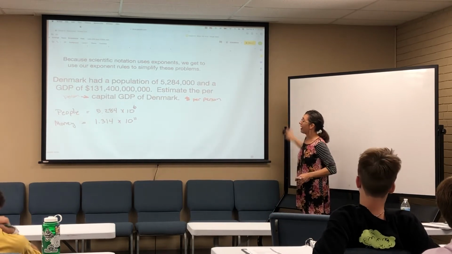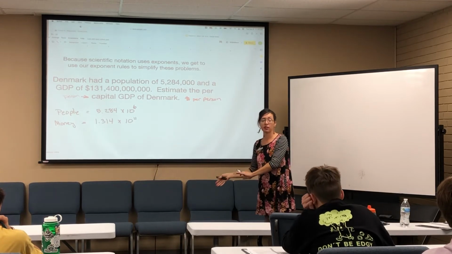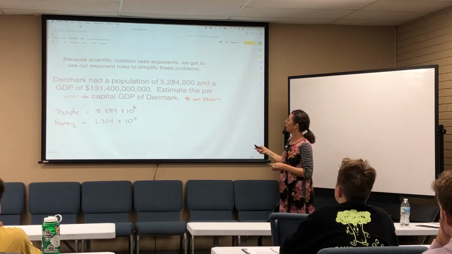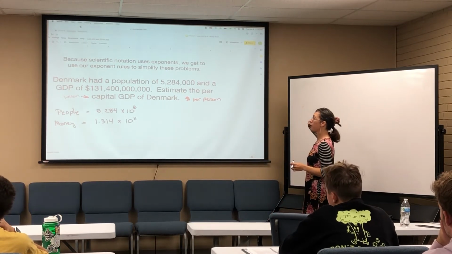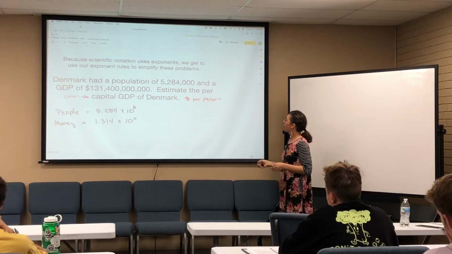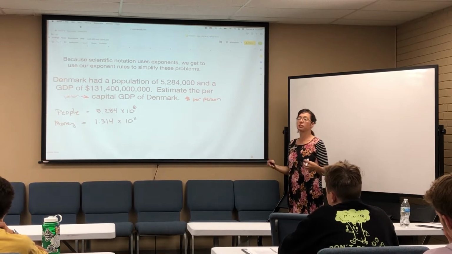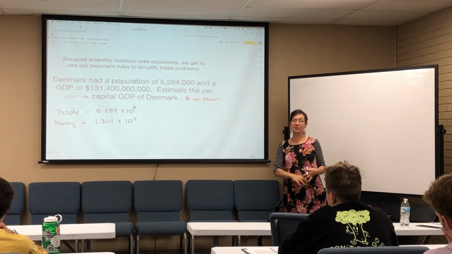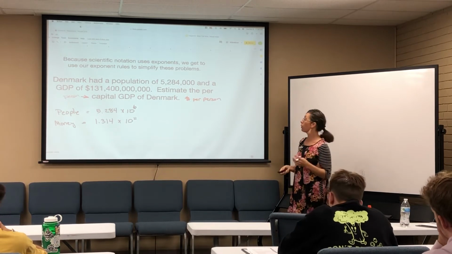So here again, how do we use what we just learned with exponents to help us when we have really large numbers? In this case, we've got big populations, big numbers. GDP means gross domestic product. So we're looking at per capita. Again, this is helping us read through word problems that we're going to see when it comes to SAT, ACT, things like that, and they're asking you to break down what a word problem means.